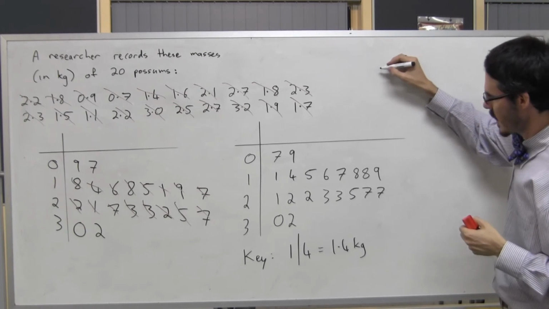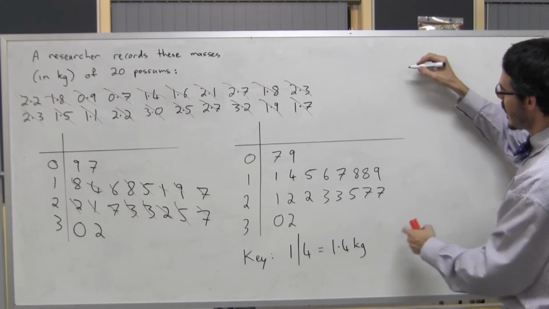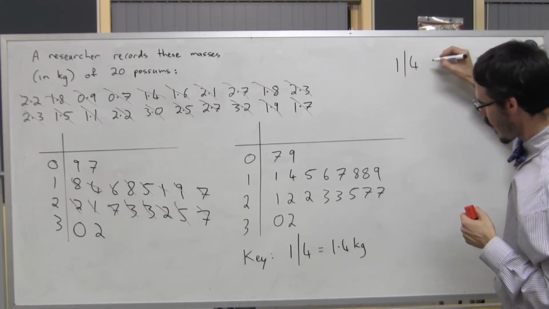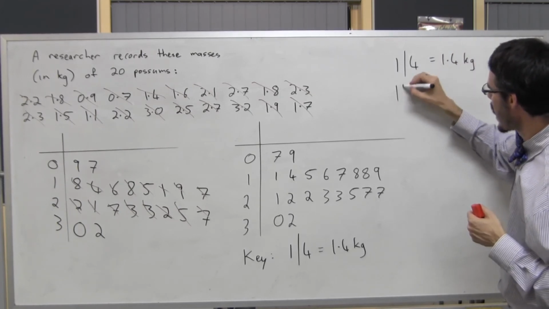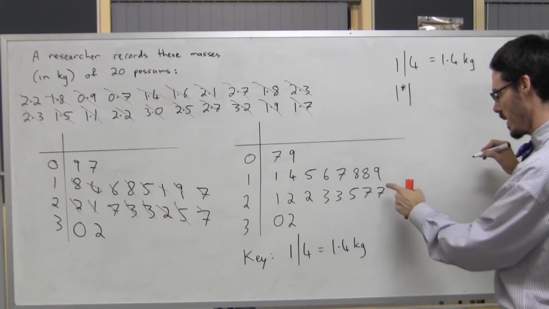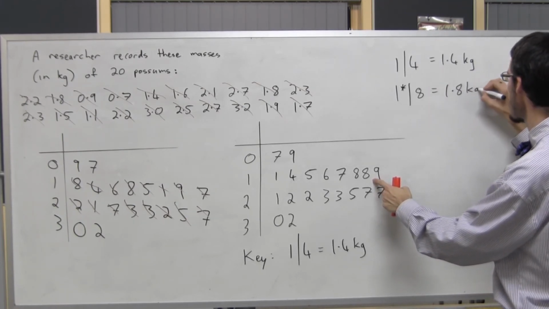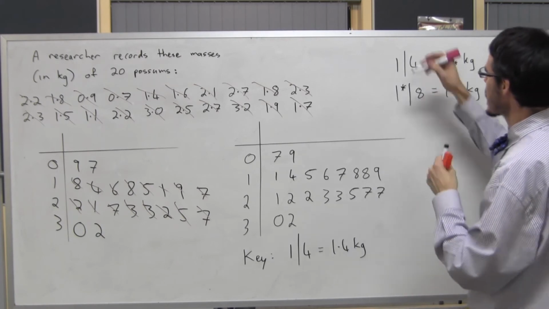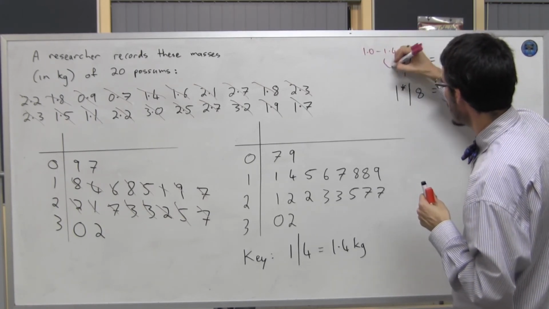What we're going to do, our new key, I'm going to move the key up here so you can see it. And I'm going to go, I want to go 1, 4 is 1.4 kilograms. And then I'm going to go 1 star and an 8 is 1.8 kilograms. And what I'm going to do, I'm just looking for another colour, I'm going to put 1.0 up to 1.4 into here.